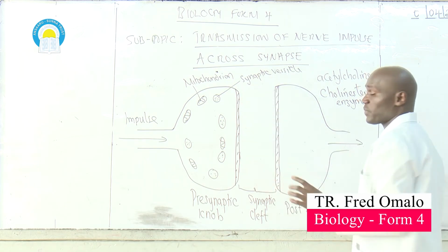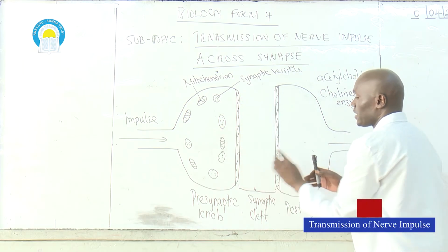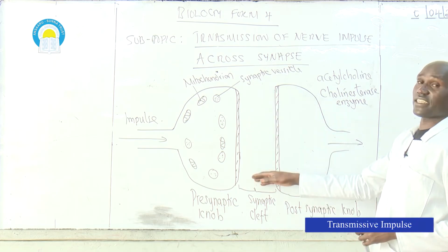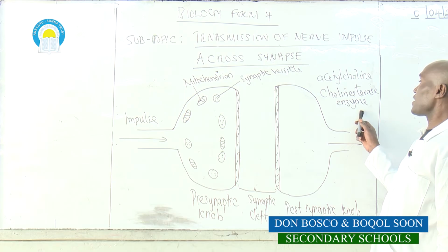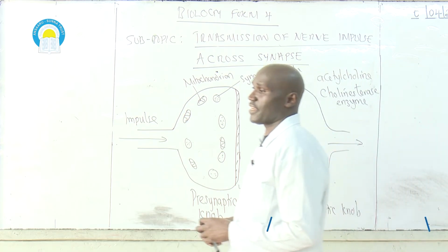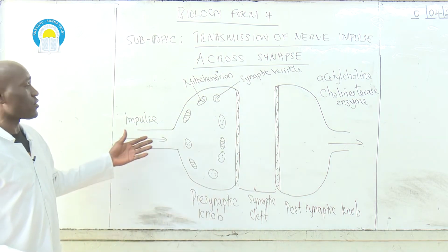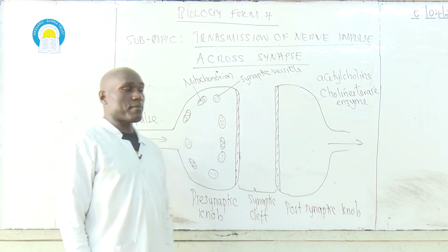Inside the space between the two synaptic knobs, this space here is known as synaptic cleft. Inside synaptic cleft, we have an enzyme known as choline esterase enzyme. Then how does nerve impulse move across the synapse or synaptic cleft?